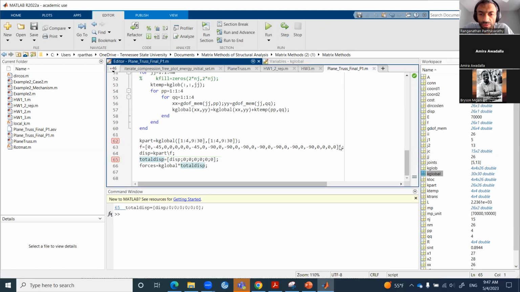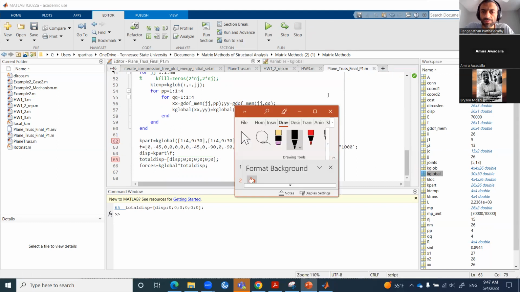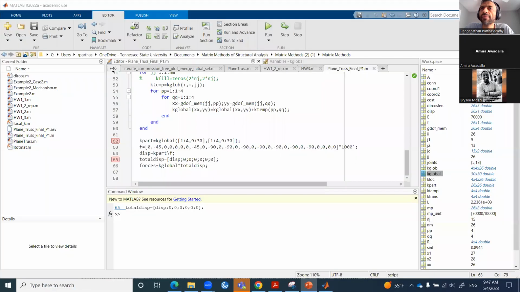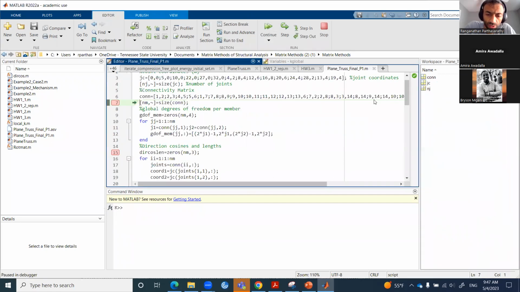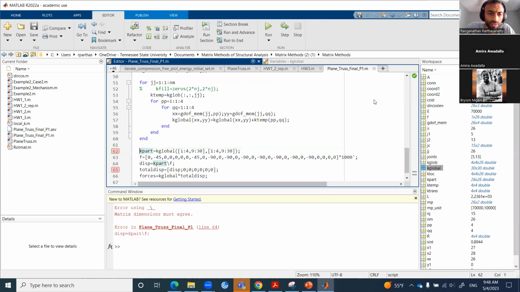So all the forces should be in Newton. So by 1000. You remember those forces in the question. These are in kilonewton. So we just converted them to Newton. Times 1000. Let's run again.